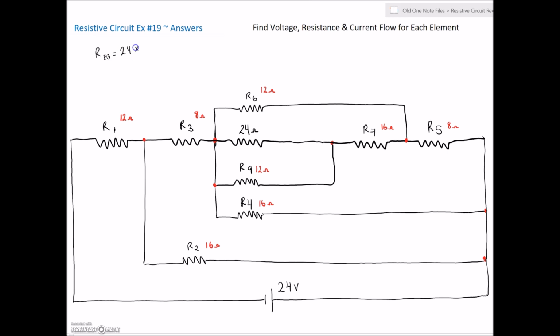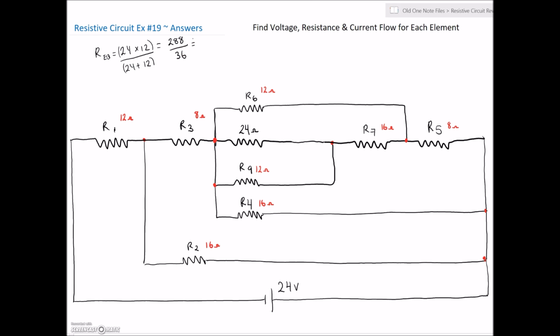So if we're looking for that equivalent resistance, then we're going to have what? 24 times 12 over 24 plus 12. Okay, so we'll do the product over sum there. Let's see, 24 times 12 is 288. And if we divide by the addition of the other values, what do we got? 36.